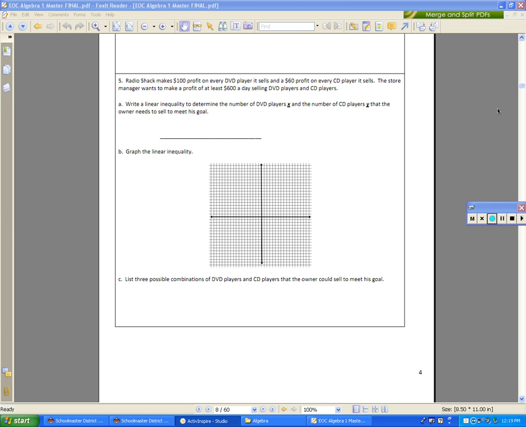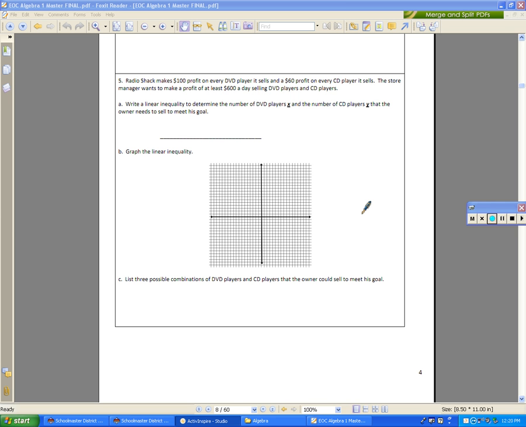Okay, so this says write a linear inequality, determine the number of DVD players X. So our x-axis is actually going to be DVD players. And CD players Y that the owner needs to sell to meet his goal.